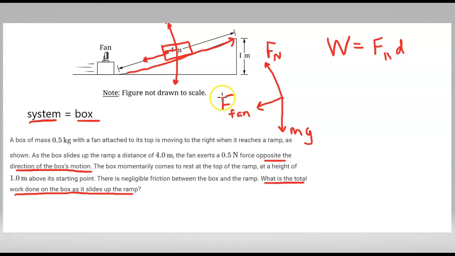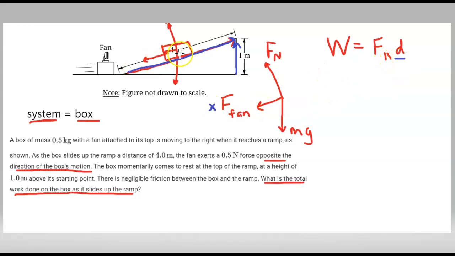So we can highlight our displacements in blue. We have displacement in this direction, which is exactly opposite the fan direction. And then we have displacement going up. The vertical component of displacement is 1 meter, and that's acting directly opposite of the gravitational force. So to calculate the work done by the fan, we'd have to multiply the fan force times the displacement.